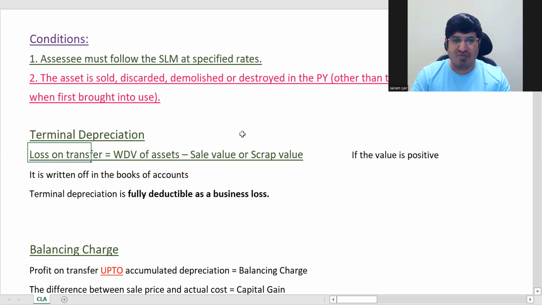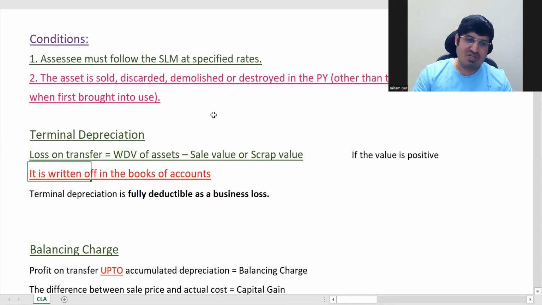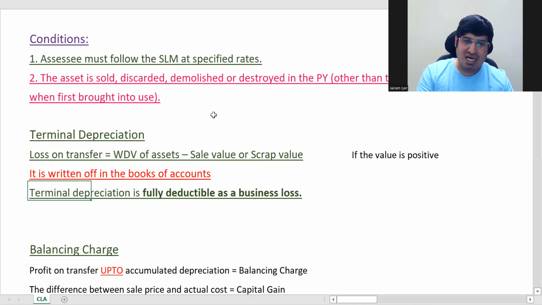That will be loss on transfer. It is written off in the books of accounts, and it is called terminal depreciation. This loss on transfer is called terminal depreciation. It is fully deductible as a business loss.